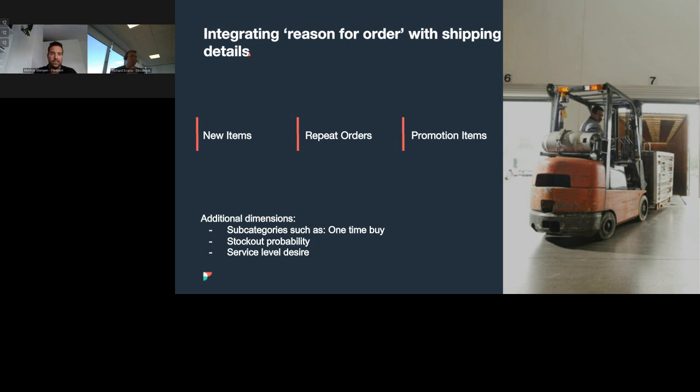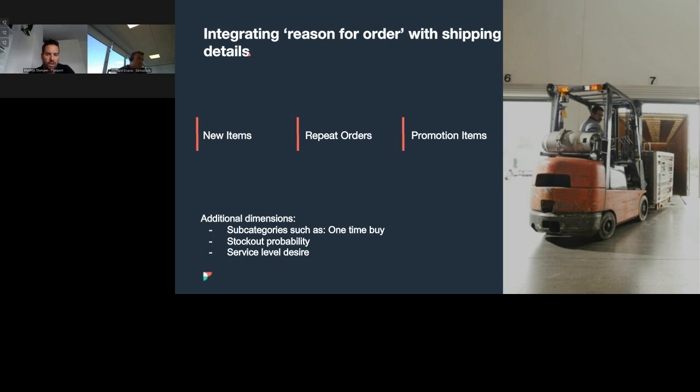We have new items, repeat orders and promotion items, and those are just three categories that we have identified with the customer. Those can obviously differ per customer, but if you add those, you can already add a sense of urgency to the product that you're shipping, which makes it a lot easier to determine which ones need to be expedited and which ones don't.